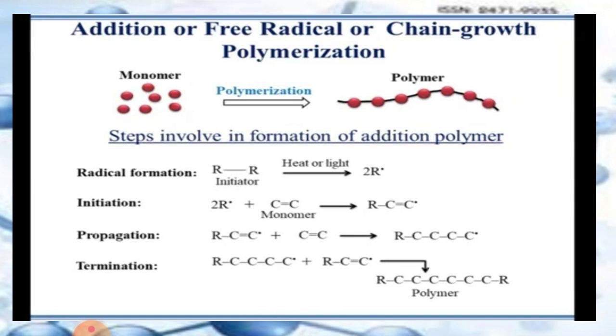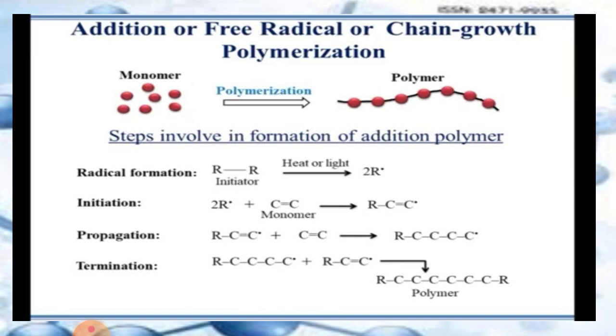As we know, many units of monomer will undergo the polymerization process and then get converted into polymer. So how do these monomers get converted into polymers? Here in addition polymerization, there are steps involved in the formation of addition polymer.